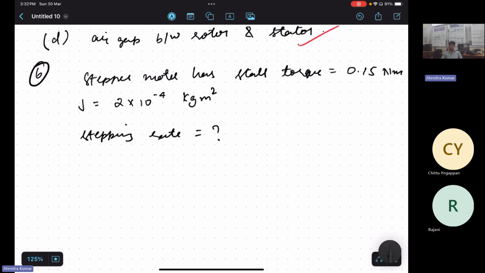In terms of stall torque and inertia, there should be one expression, right?